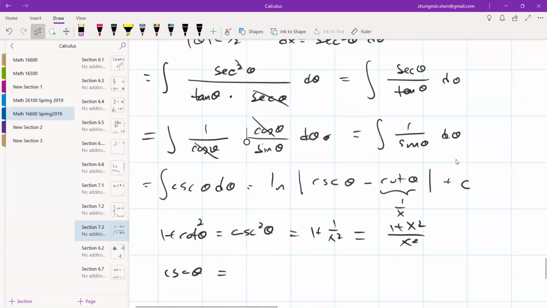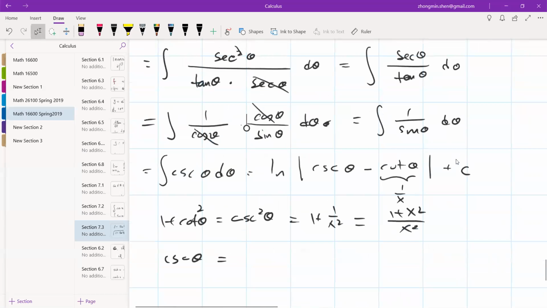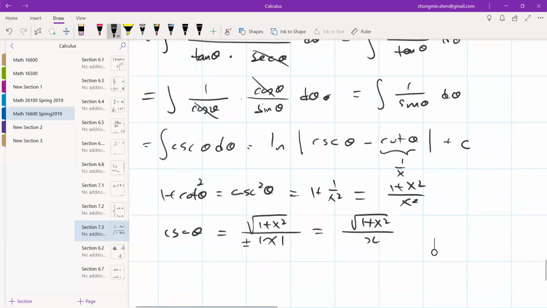Careful, it's not necessarily positive, it's plus or minus, but it has the same sign as x. So actually it's going to be the square root of 1 plus x squared over x. Otherwise you get plus or minus absolute value at the very beginning. But I know that sine theta has the same sign as x. This is a little bit tricky.